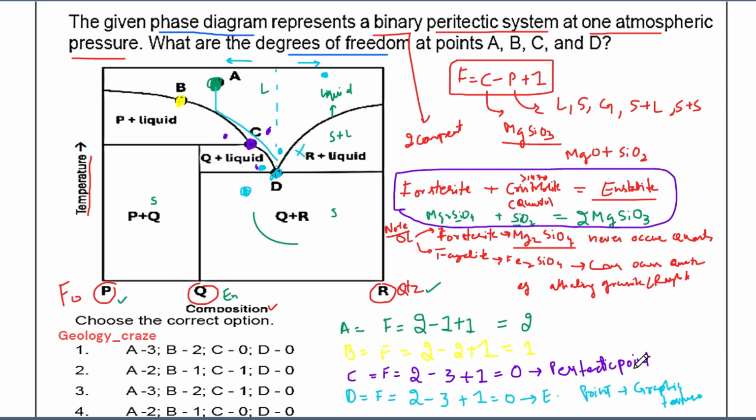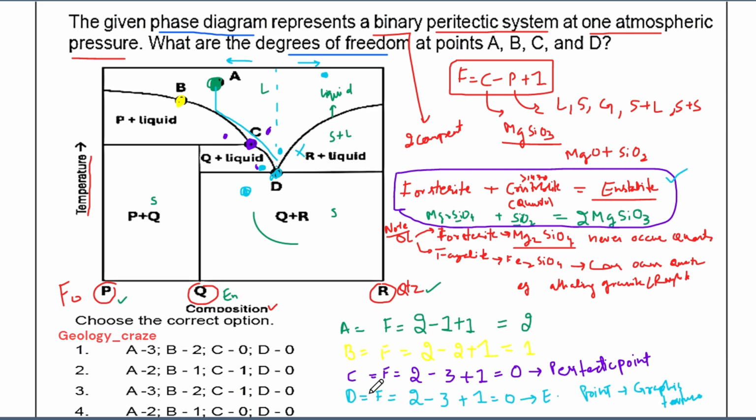Okay. Now, the next one is the peritectic point. At the peritectic point, this is the reaction that holds. That's why we use the name peritectic. At that point our degree of freedom is 0.